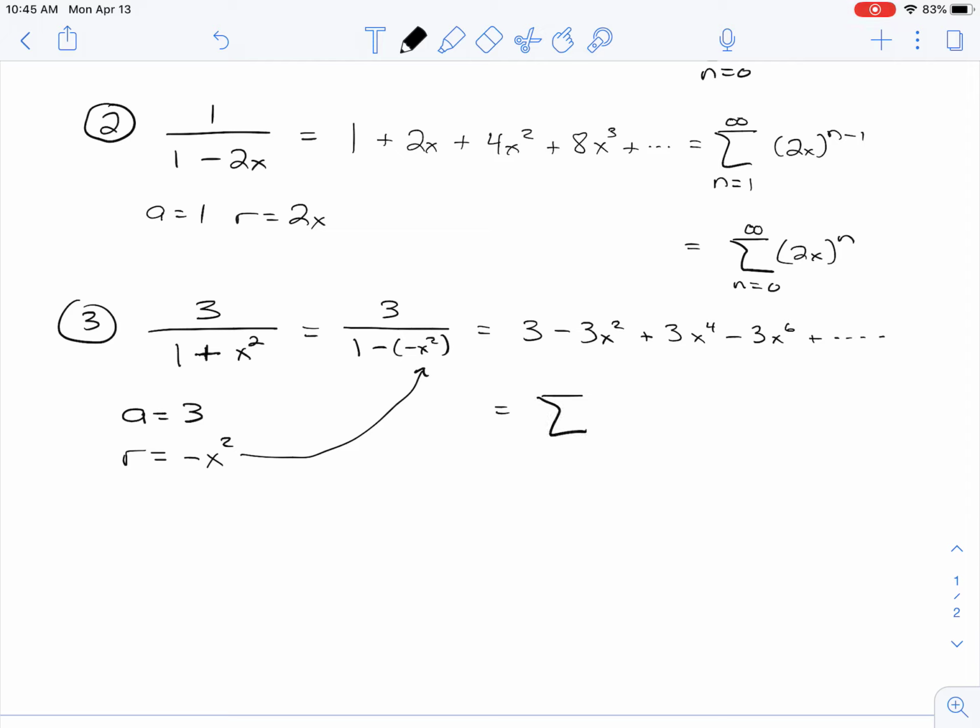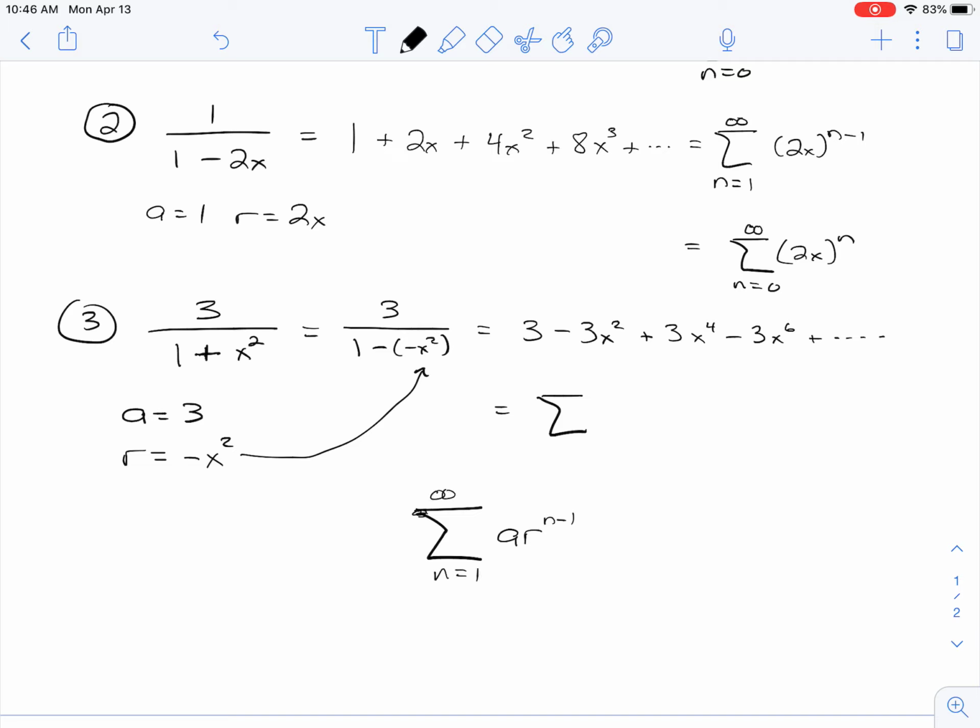All right, now this is where it's handy to remember the form ar to the n minus 1, n going from 1 to infinity.